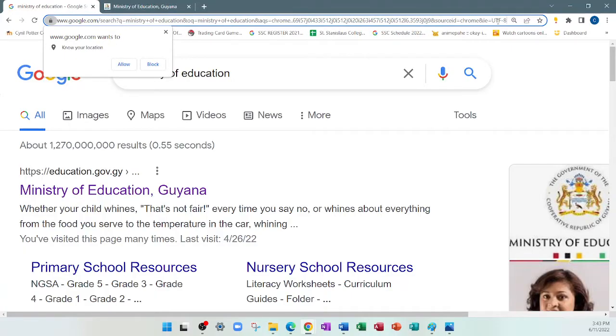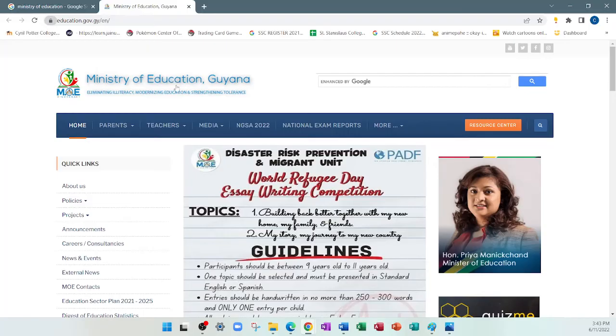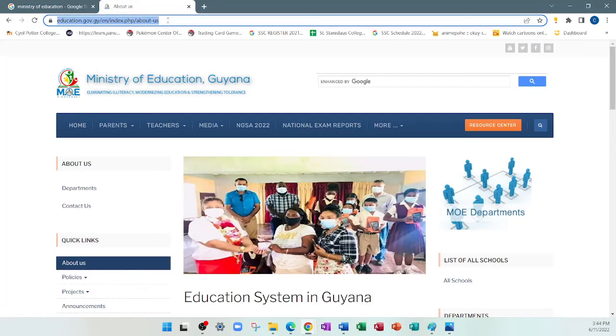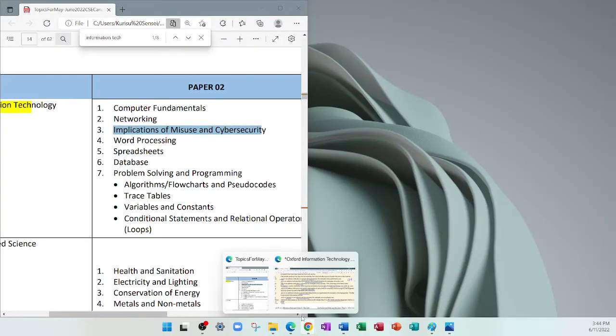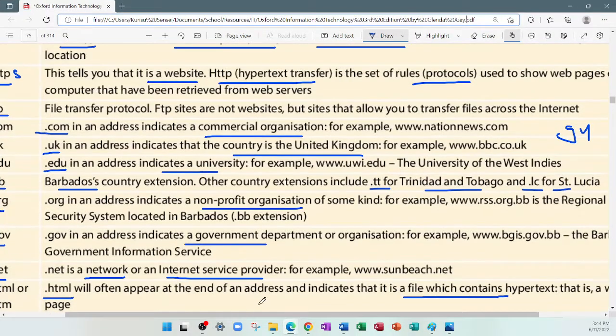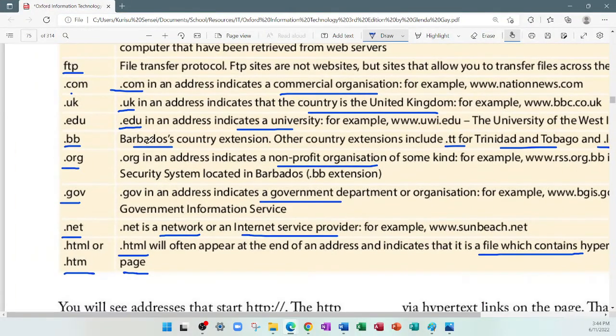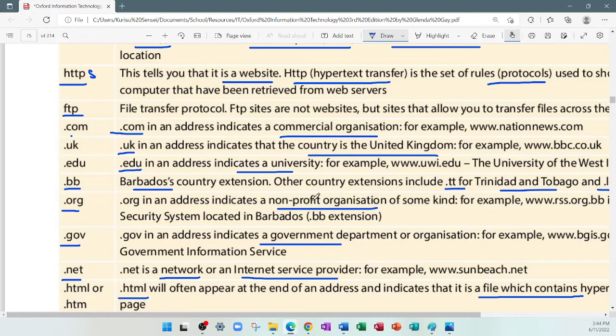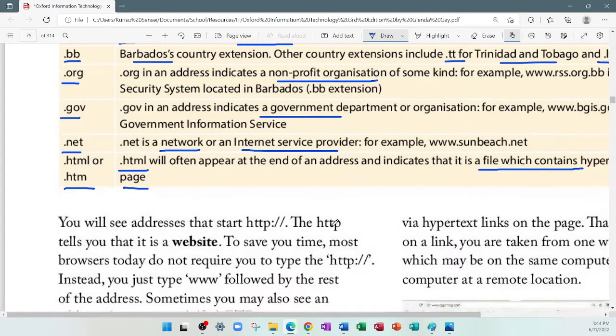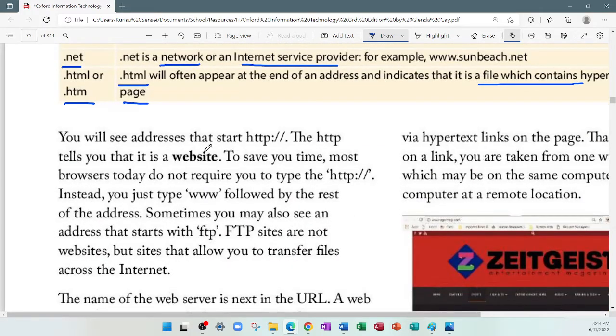Let me see if I switch the page. Yeah, not all of them show it. But if you do see .html or HTTP, it basically refers to you accessing a website.